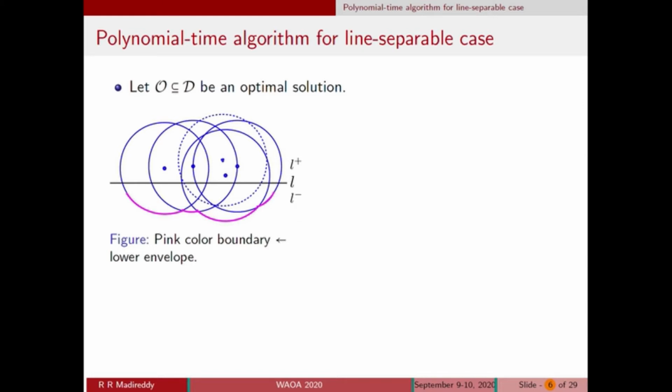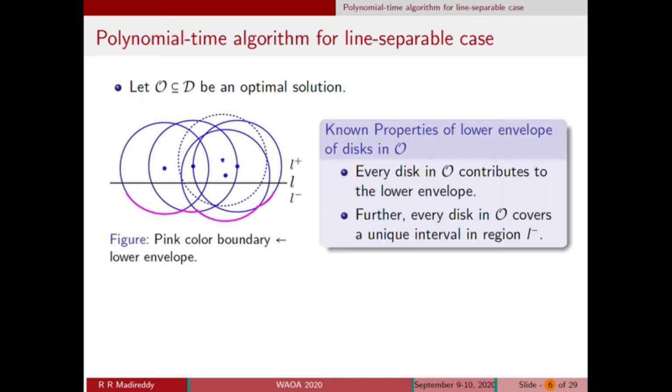There are two well-known properties about the lower envelope of disks in the optimal solution O. First property: every disk in O contributes to the lower envelope. So here there is a disk with a shaded region with a dotted boundary, and it is not contributing to the lower envelope, which means the blue points covered by this disk are also covered by other disks in the optimal solution.